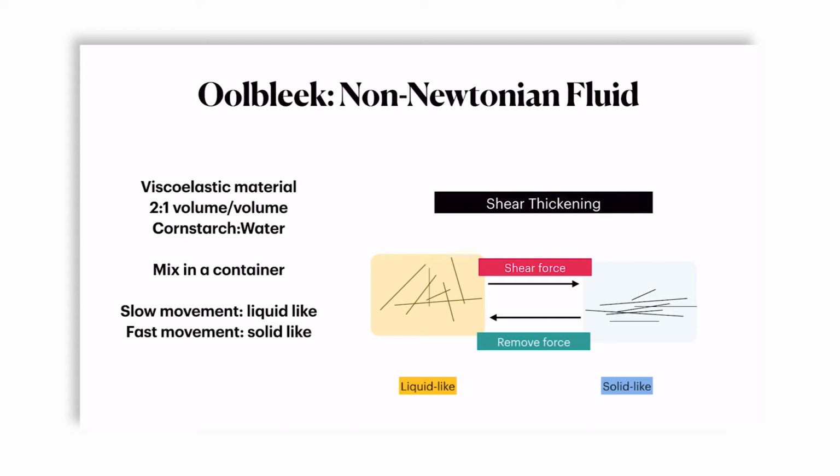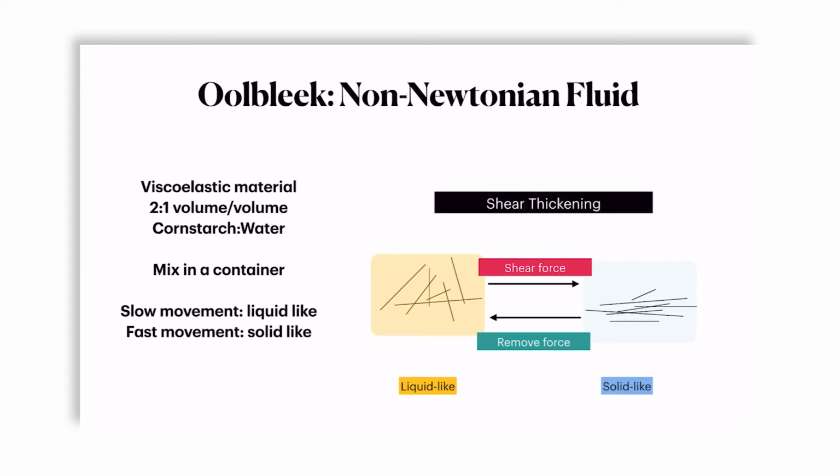The part that we're interested in is that when we perform slow movement, like we take a spoon and move it through the Oobleck, it behaves like a liquid. If we now, however, try to cut it very rapidly with a high amount of force and with high acceleration, you will find that the Oobleck, this cornstarch water mixture, behaves more like a solid.